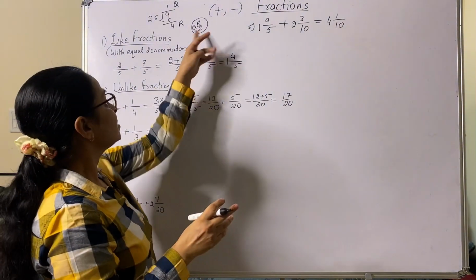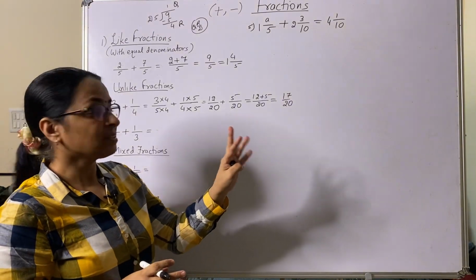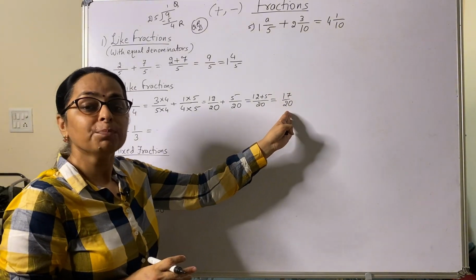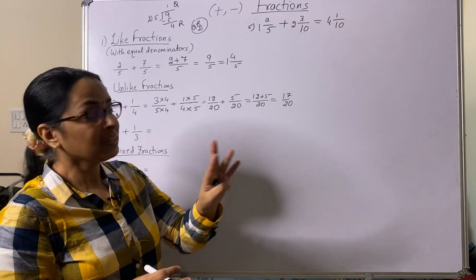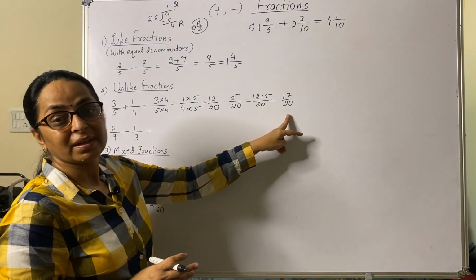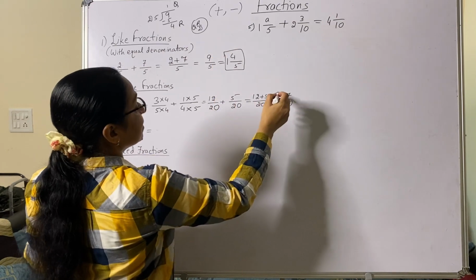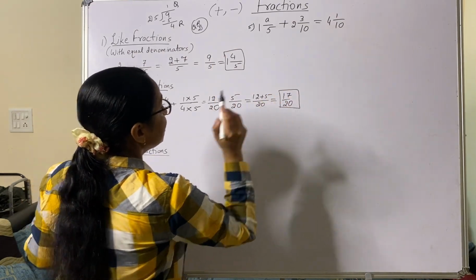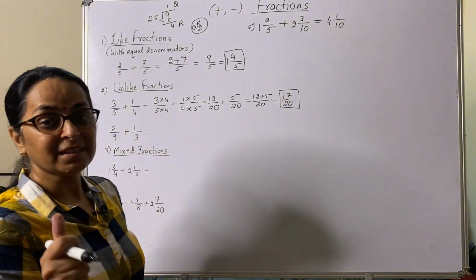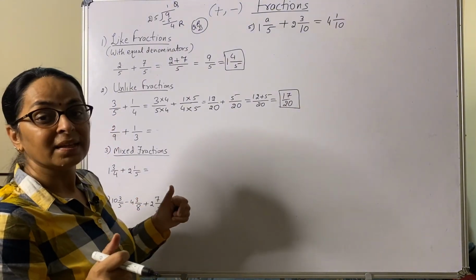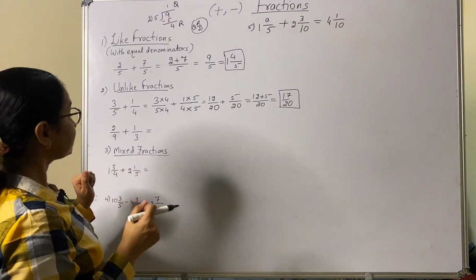No need to do this division, quotient, remainder or divisor, because this is already my proper fraction. It's not improper. So this will be our final answer. Okay, here this is our final answer, and here this will be our final answer. Getting now? Okay, let's do one more example.